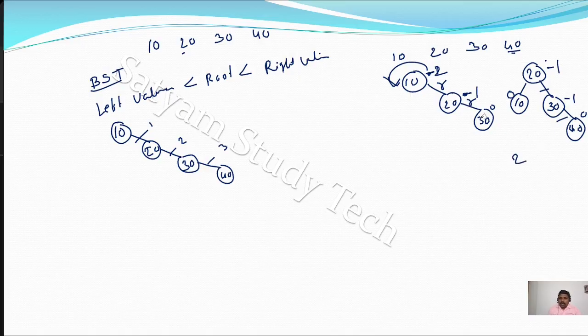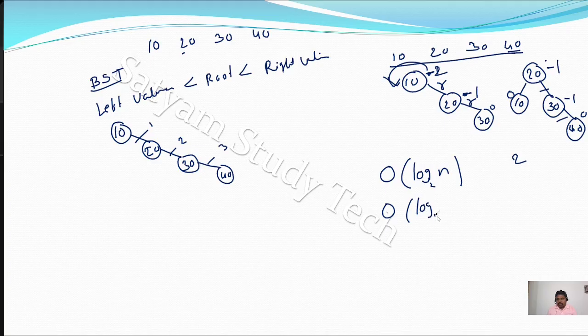Now you can see big O of log n, log n base 2. How many elements are there here? 4 elements, where n is the number of elements, so log of 4. 4 is 2 power 2, so big O of log 2 power 2, which is 2 log 2 base 2.